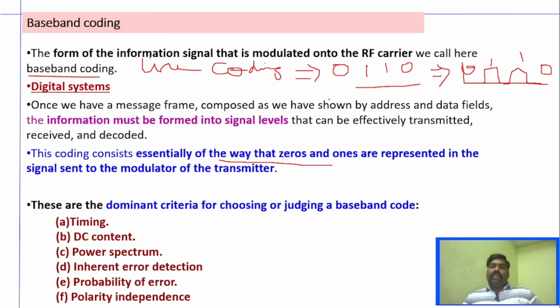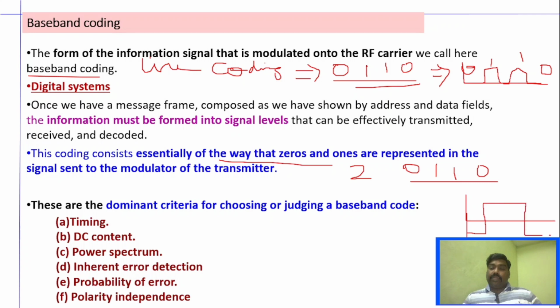Data level, say for example, if I am taking the same example here, if we say this is binary data 0, 1, 1, 0, the data level here is only 2. That is binary data. So the data level is 2, right? And what is signal level? Say for example, if I'm going to represent this particular data like this, like this.